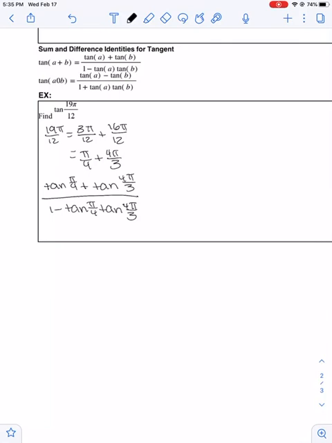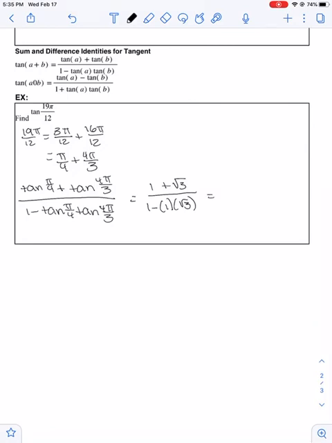Now I'm going to put in all those values. The tangent of pi over 4 is 1. The tangent of 4 pi over 3 is the square root of 3. So 1 minus 1 times square root 3. So then this equals 1 plus square root 3 over 1 minus square root 3.